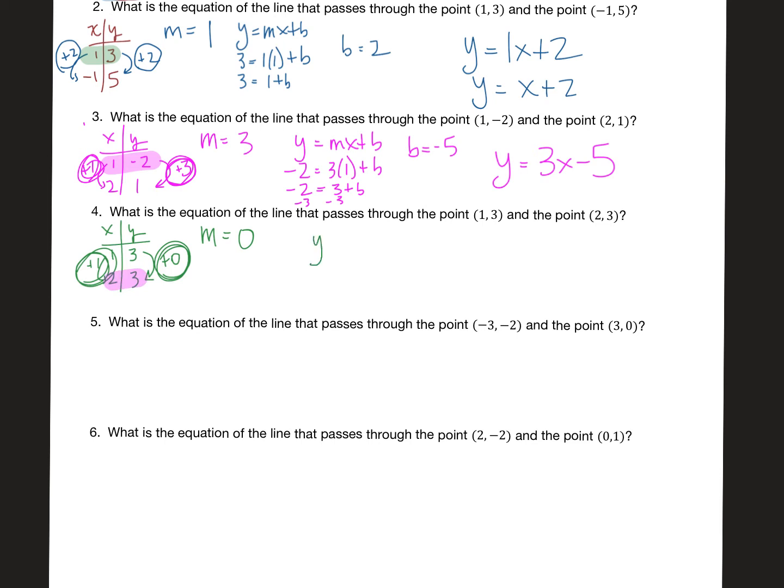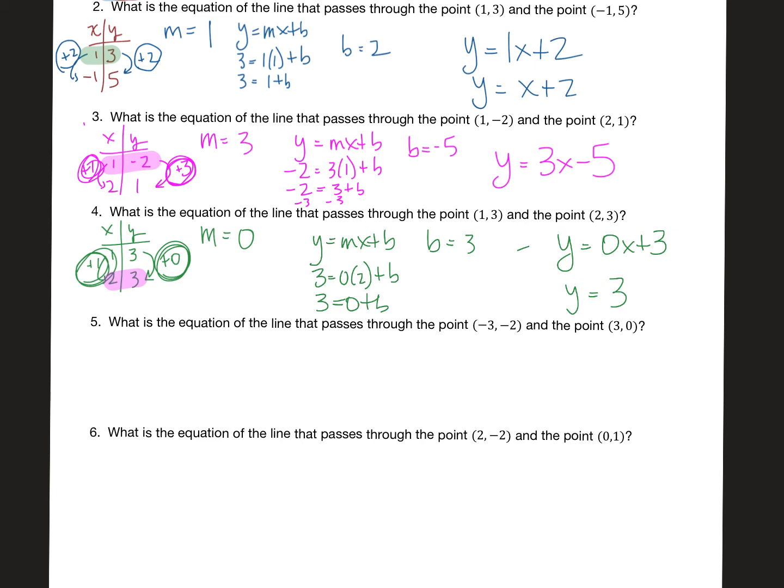So now I've got y equals mx plus b. The y value I picked is 3. M is 0. X is 2. When I multiply this, I get 3 equals 0 plus b, or b equals 3. So then here's the equation. Y equals mx plus b. You could also just write that as y equals 3.